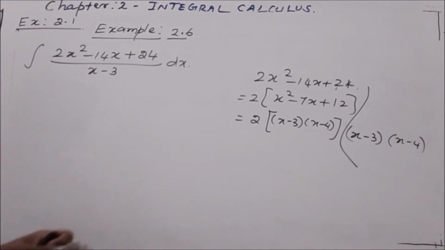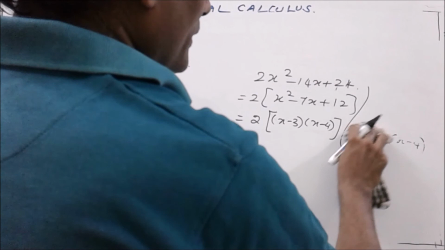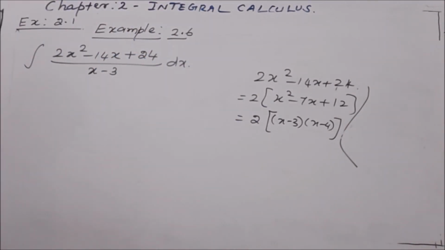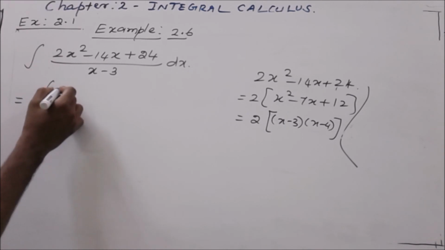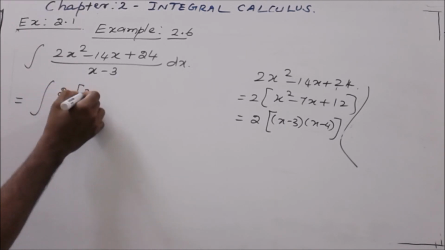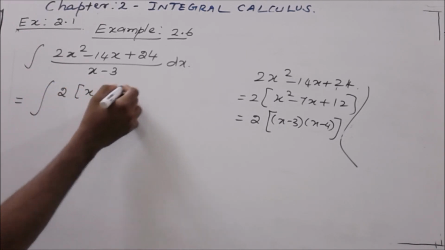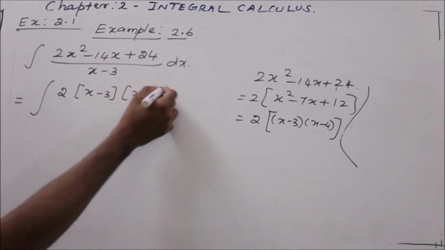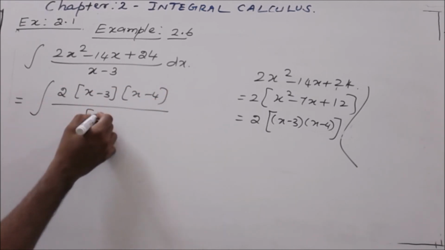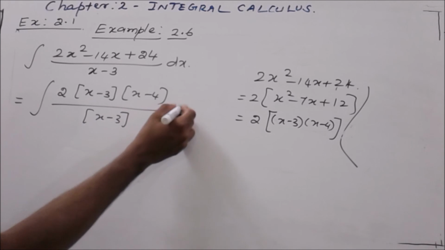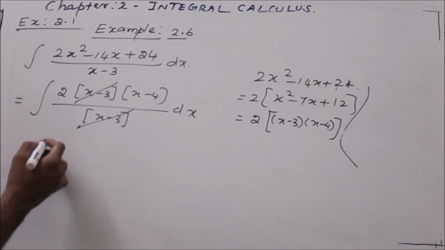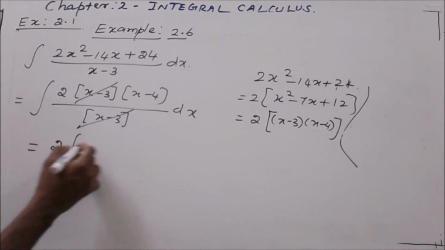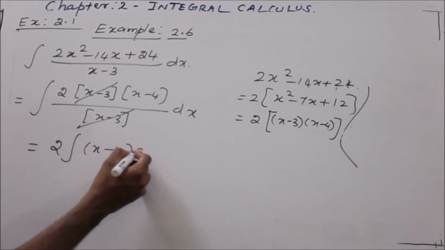So substitute in the numerator. That is equal to integral 2 into x minus 3 into x minus 4 divided by x minus 3 into dx. We can cancel x minus 3 and x minus 3. The remaining is 2 into integral x minus 4 into dx.